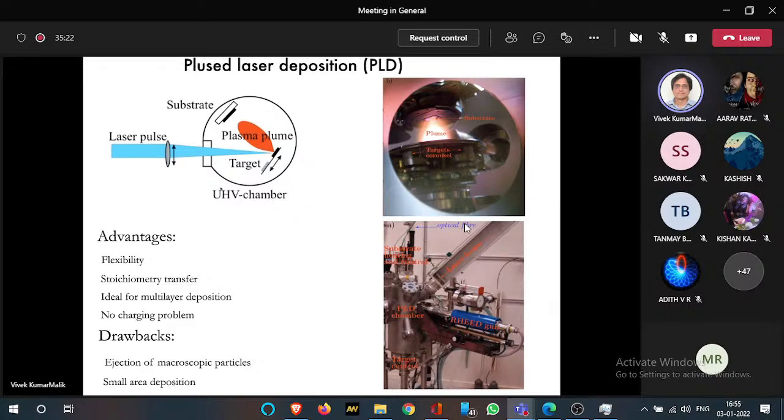But pulse laser deposition can transfer the same structure, because you want to transfer the stoichiometry also from your target to the substrate, like yttrium having one atom, barium 2, copper 3, O7. So usually it's very difficult for other techniques. This technique is quite successful in transferring the stoichiometry of the target to the substrate. So this whole film, with the same stoichiometry and the same crystal structure, can be transferred.